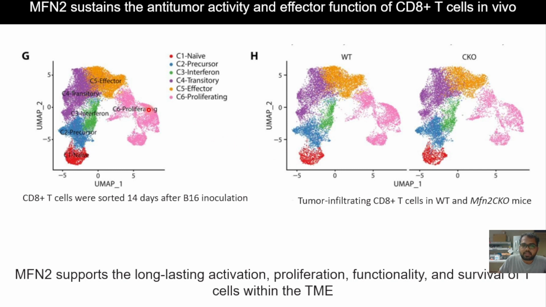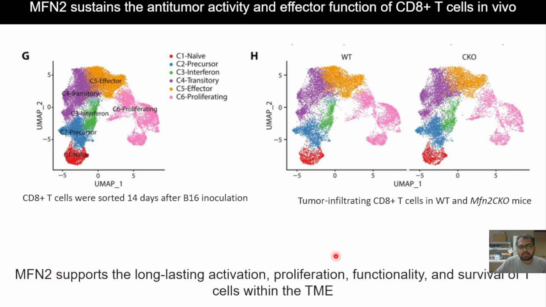Similarly, the proliferating cells are also decreasing in knockout compared to the wild type. So overall, this data suggests that the MFN2 knockout, especially in CD8 and CD4 T cells, is decreasing the activation of CD8 T cells in this microenvironment.